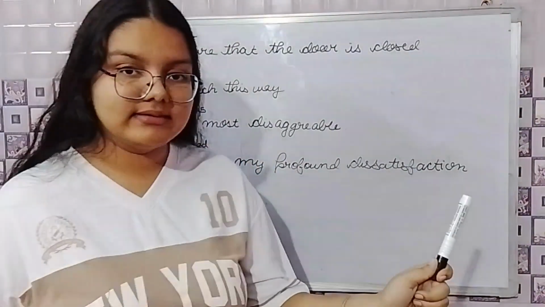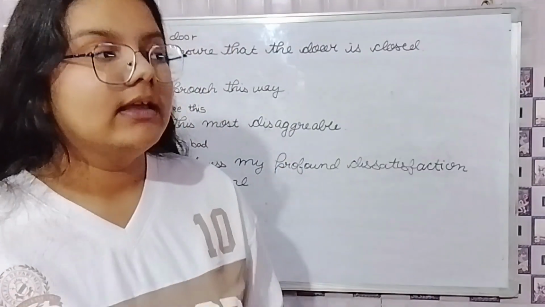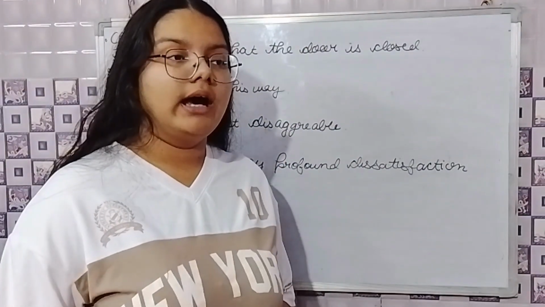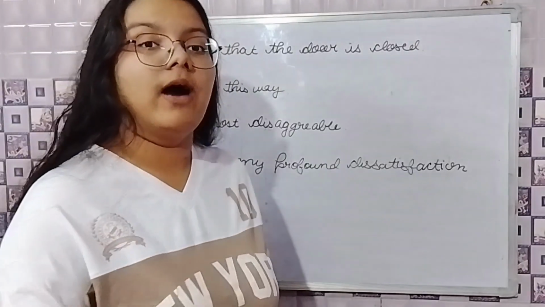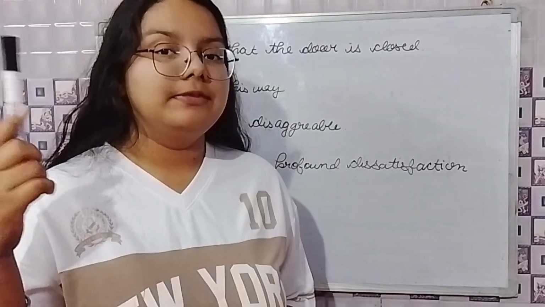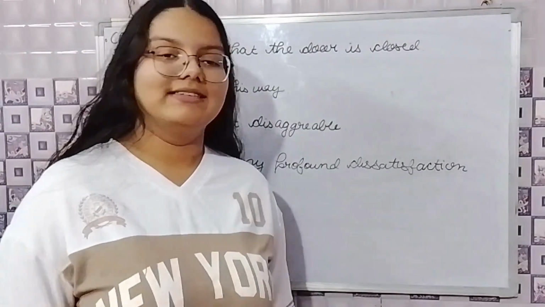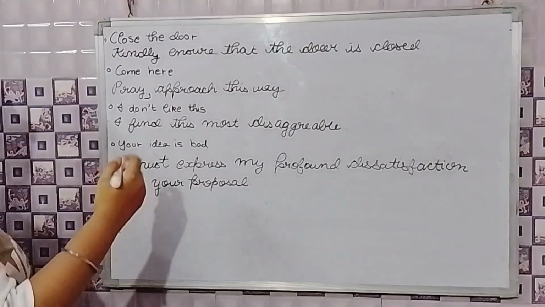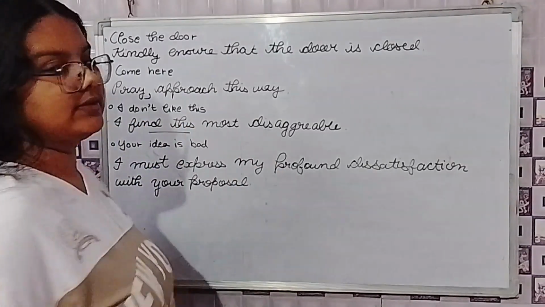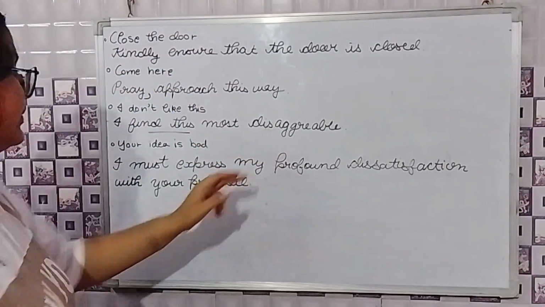If you say "I think this is very good," you can say "I find this exceedingly beautiful." See the conversion? So "find this" is also most important. "I find this most disagreeable."